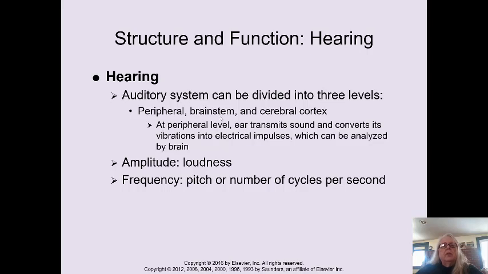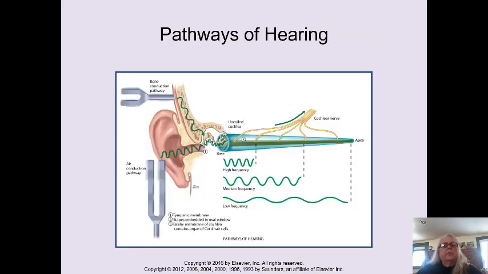Hearing is in three levels. We've got auditory system, amplitude, which is how loud something is, and frequency, which is the pitch. So one of the reasons we use the tuning fork is so that you can have an idea of what conduction is, and that you can actually hear something because hearing is really vibration.